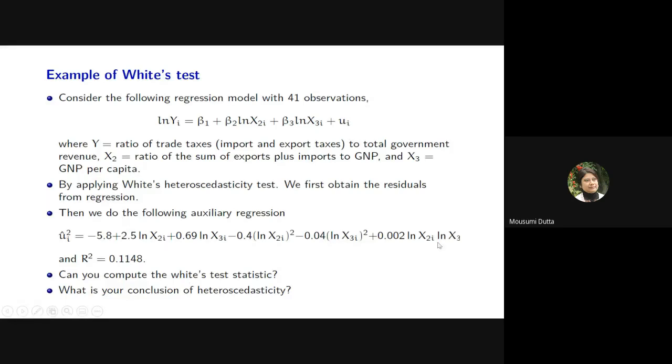So in the estimated equation, log of the explanatory variables, in the form we originally had in the original model, their squares, their cross products, calculating R square. Okay, so here it will be your homework to find out n into R square and test or conclude whether there is heteroscedasticity or not.